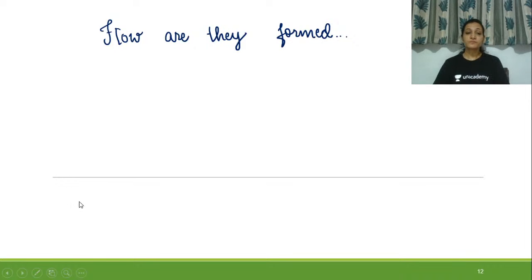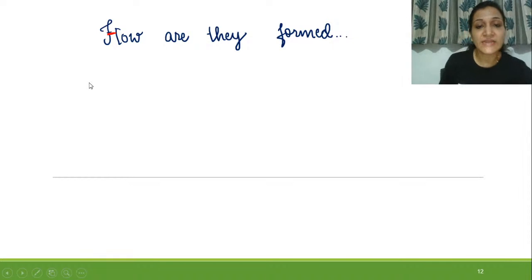So first we have understood the definition along with one of the example. Let's move towards how they are formed. How these isoenzymes are actually formed. This is the next question. So how they are formed, there are various categories on the basis of how they are formed, right?